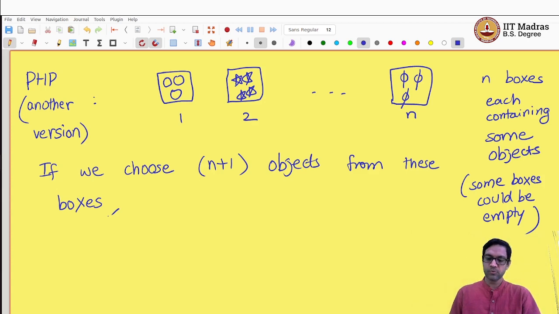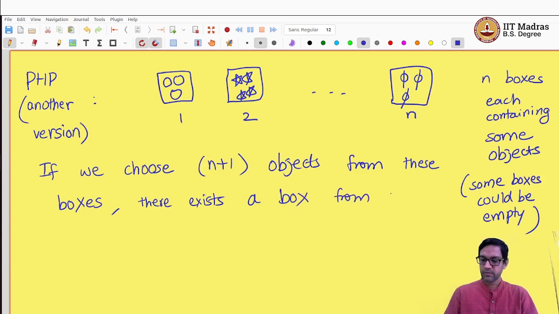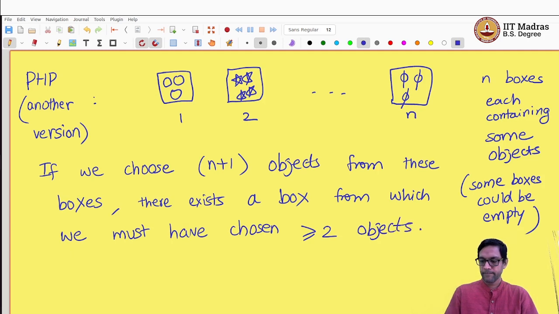But no matter how you do this, as long as you choose n plus 1 objects from these n boxes, you will have to choose at least 2 objects from some box. Then there exists a box from which we must have chosen two or more objects. So that's just another way of stating, in a sense, the same principle.